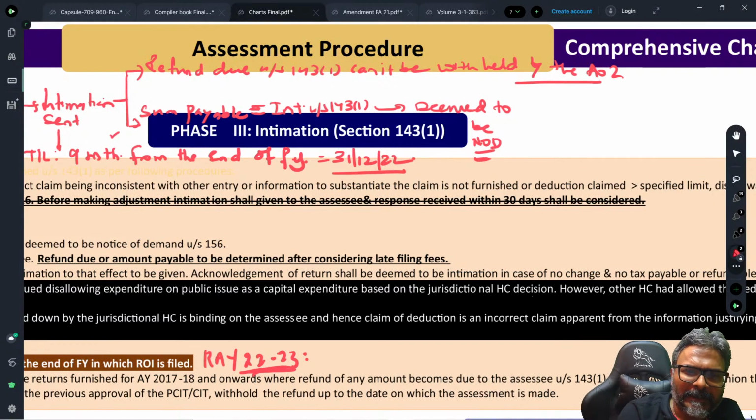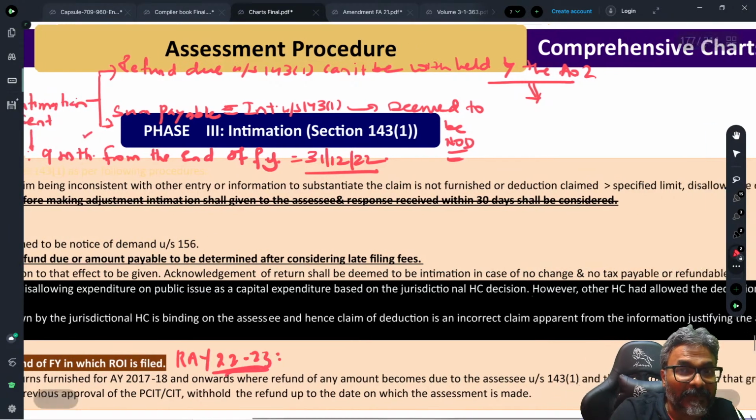Thank you, Shutadev. So the refund which has been there, students, can it be withheld by the assessing officer? And the answer is yes. Now, when you talk about withholding the refund by the assessing officer, in this particular context, students, the assessing officer needs to have a ground.